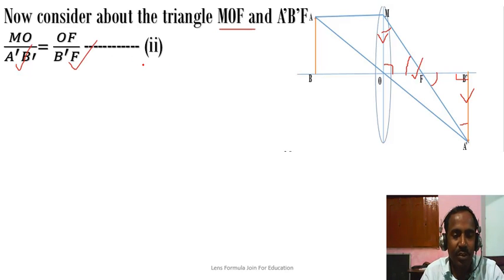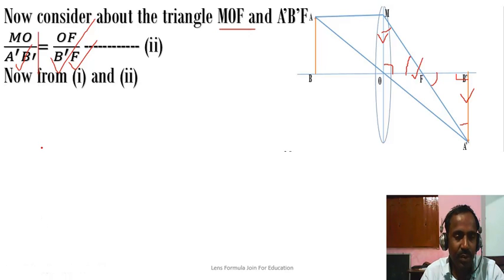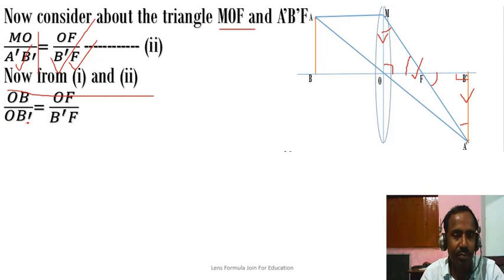So, from equation number 1 and 2, the left hand sides are equal, therefore the right hand sides will be equal. So, the next step will be OB by OB dash equals OF by B dash F. OB equals minus U according to the coordinate sign convention.